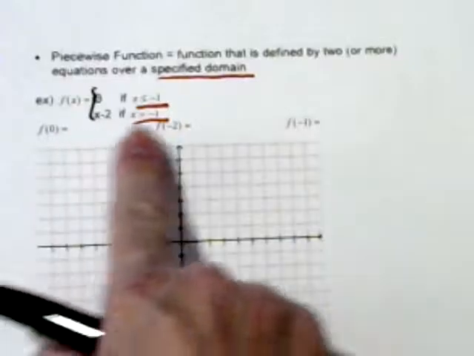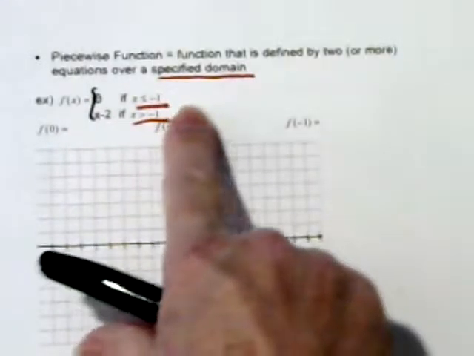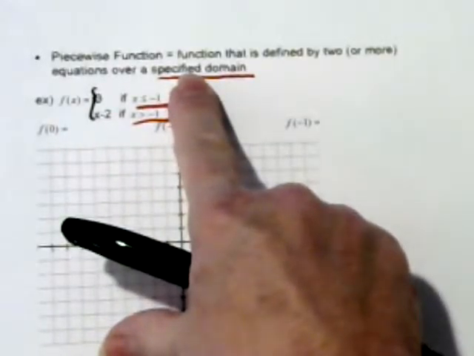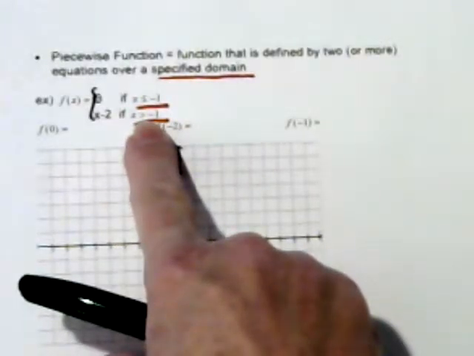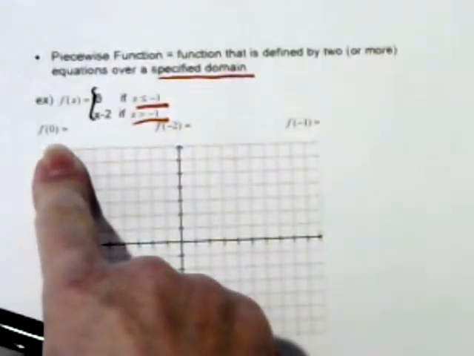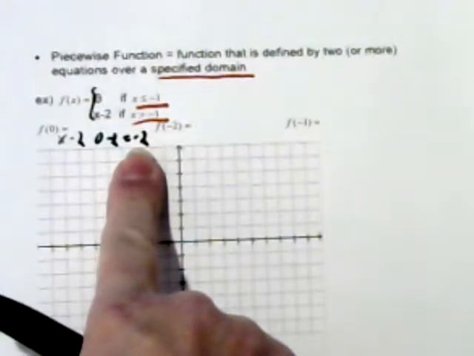Is 0 bigger than -1, or is it less than -1? 0 is, of course, bigger than -1. So for f of 0, the equation we're going to use is x minus 2, which is 0 minus 2, which is -2. So for f of 0, we're at -2.